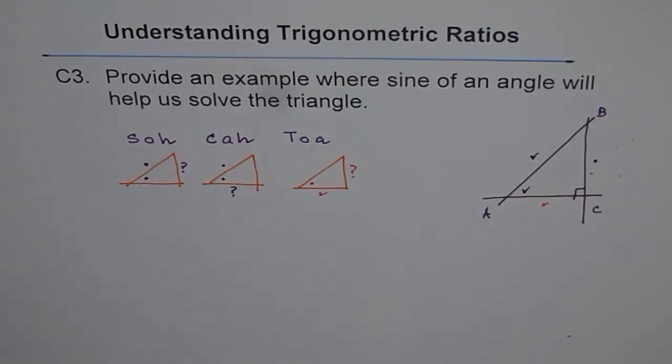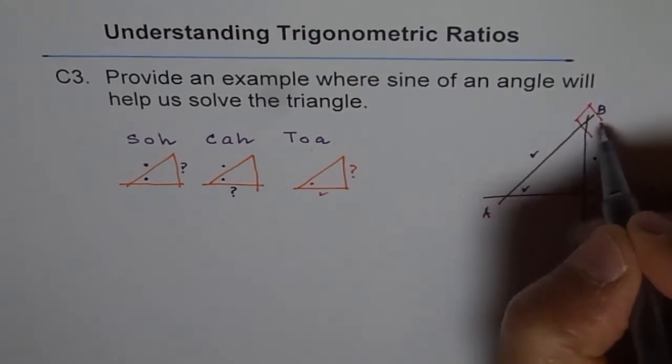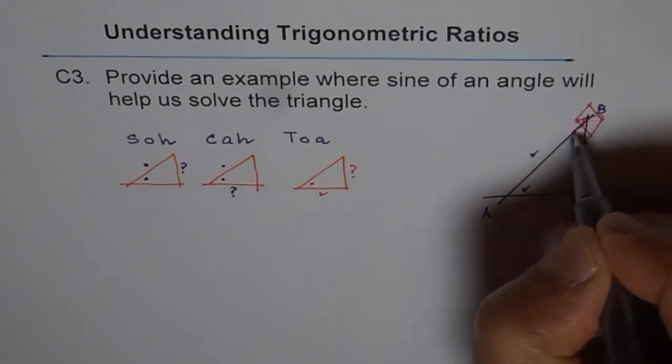I know specifically this question is about sine, so we can give you an example based on this. Let us say that somebody is flying a kite. So we have a kite here, that's our kite and that's the thread.